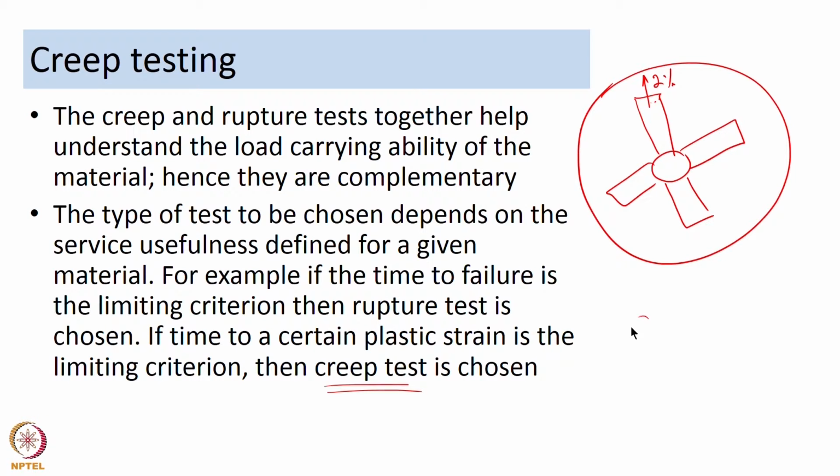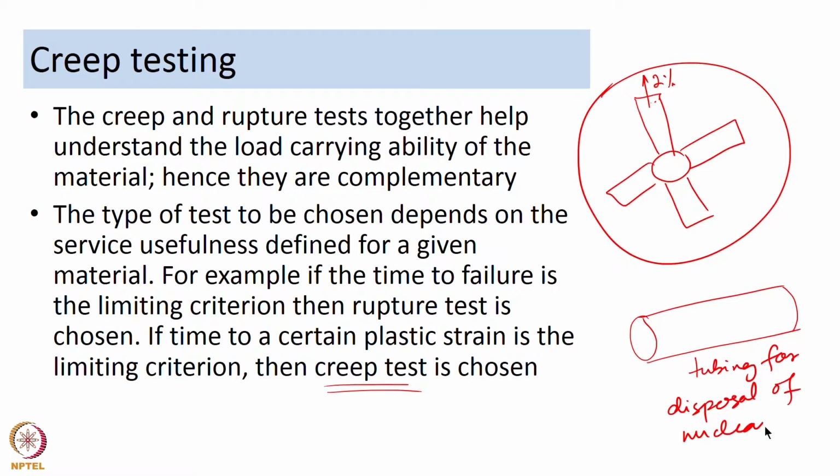However, in other cases, say if you are talking about tubing for disposal of nuclear waste, here your main concern is when is the tube going to rupture, and if it ruptures, it is going to allow the nuclear waste to come in contact with soil and other environment, which means there are environmental hazards possible if the tube ruptures.